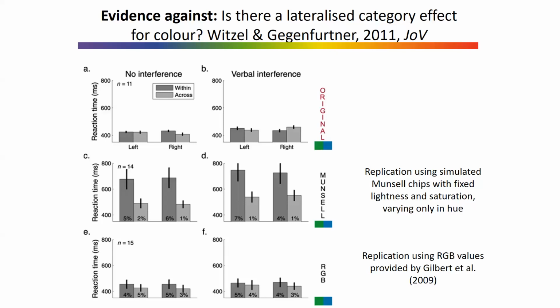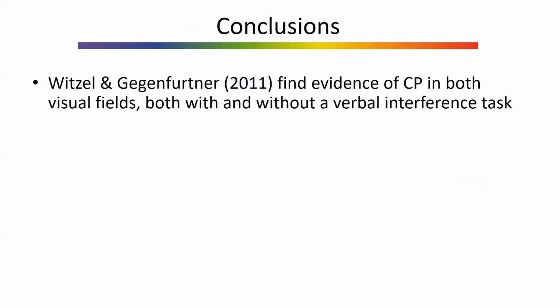So it's interesting that Witzel and Gegenfurtner found evidence of categorical perception in both visual fields. And the fact that this happens and doesn't really depend on verbal interference indicates that this may not be a result of language. In fact, it's quite unlikely that this is the result of language.